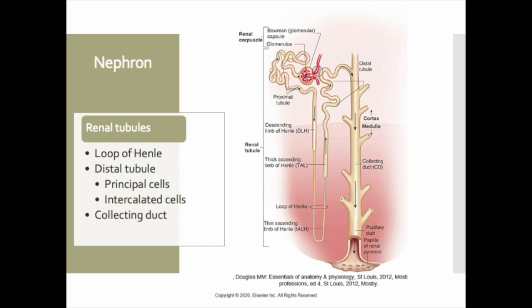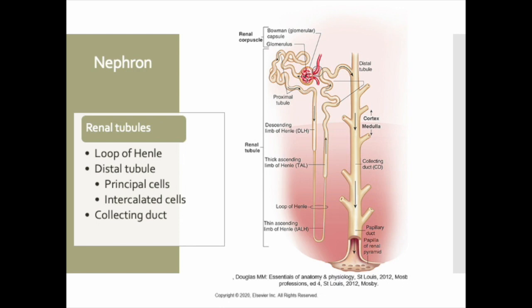The wall of the proximal tubule consists of a layer of cuboidal epithelial cells, and on top of the cells there's an extra surface layer of microvilli, and we sometimes call this the brush border. This is really important because it allows for more surface area, so more space for reabsorption to occur. And this is the only structure inside the nephron where cells are covered with microvilli.